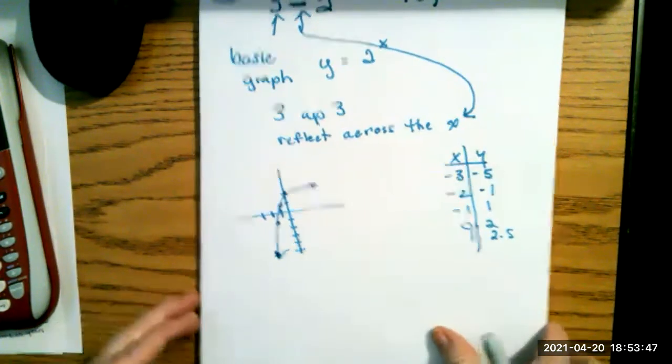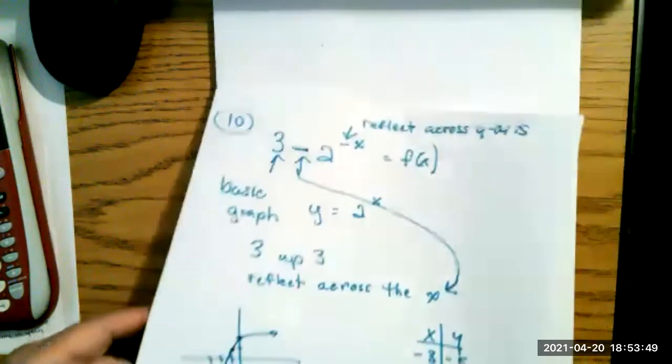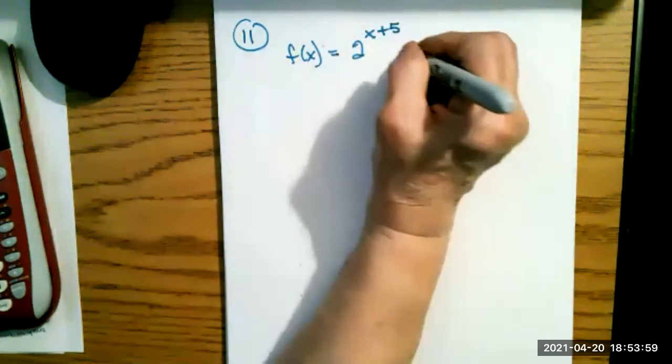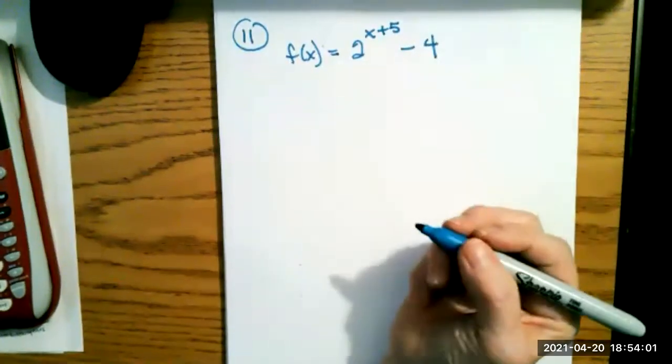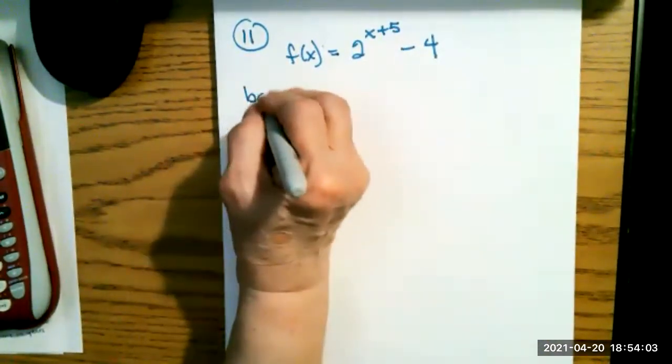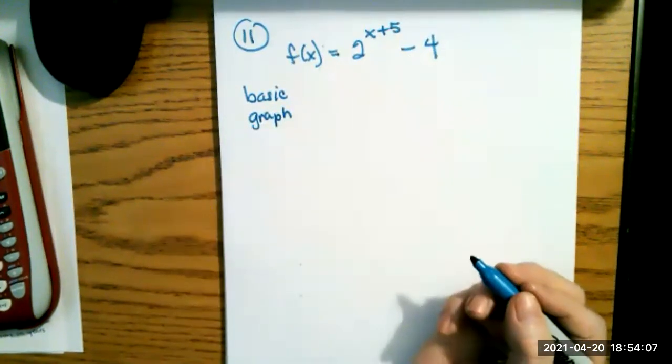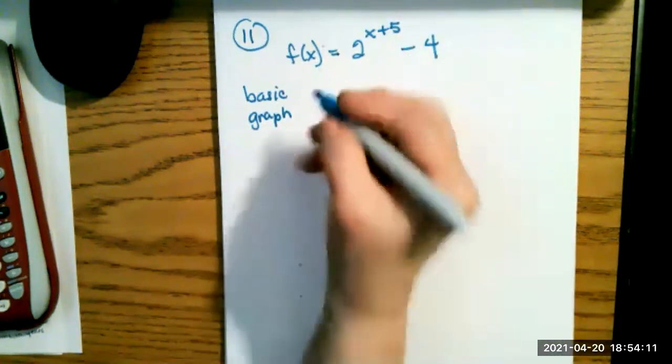Okay, let's try number 11. Number 11 is f of x equals 2 to the x plus 5, minus 4. All right, what is the basic graph? Two to the x.